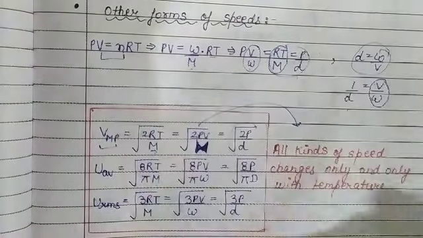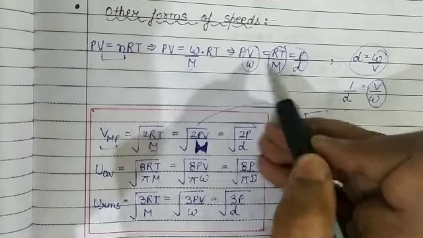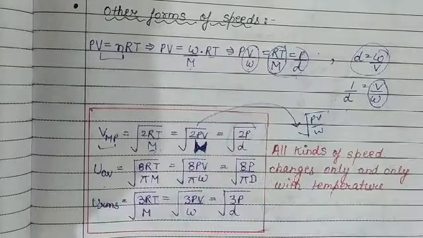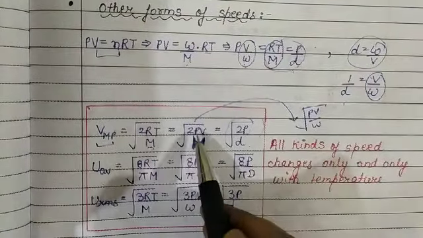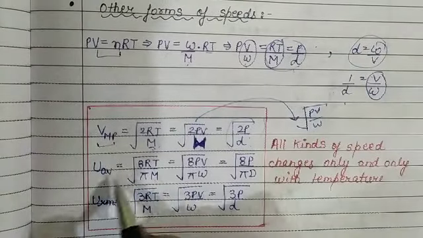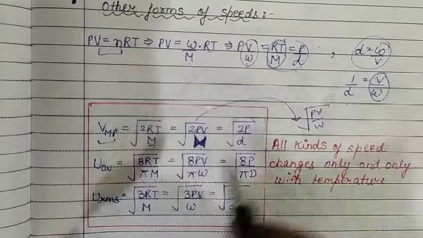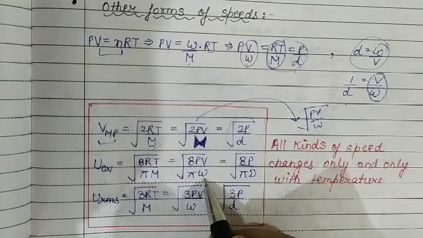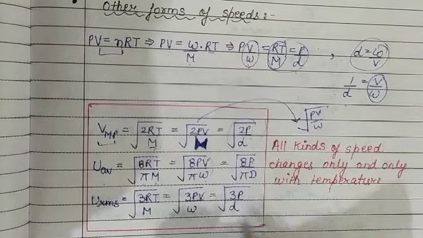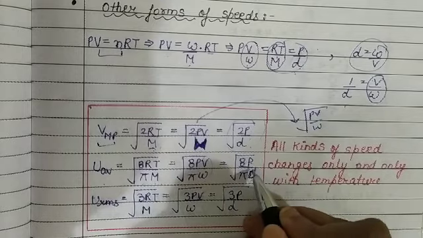Because RT by M equal to PV by W, 2RT by M equal to 2PV by W, and PV by W equal to P by D. Now for average speed, it is 8RT upon pi M, as RT by M is again PV by W. As we know, weight by volume is density, so it is 8P by D. D is density. You may take a small d or capital D, anyone by your choice.